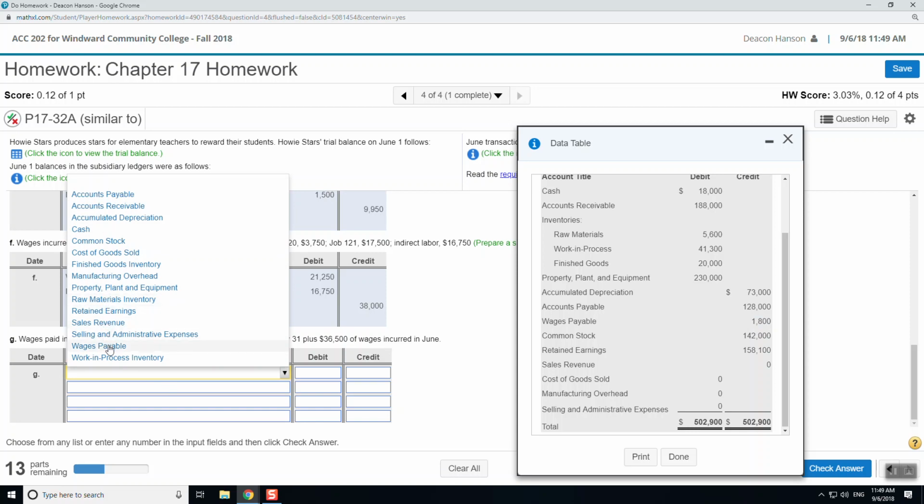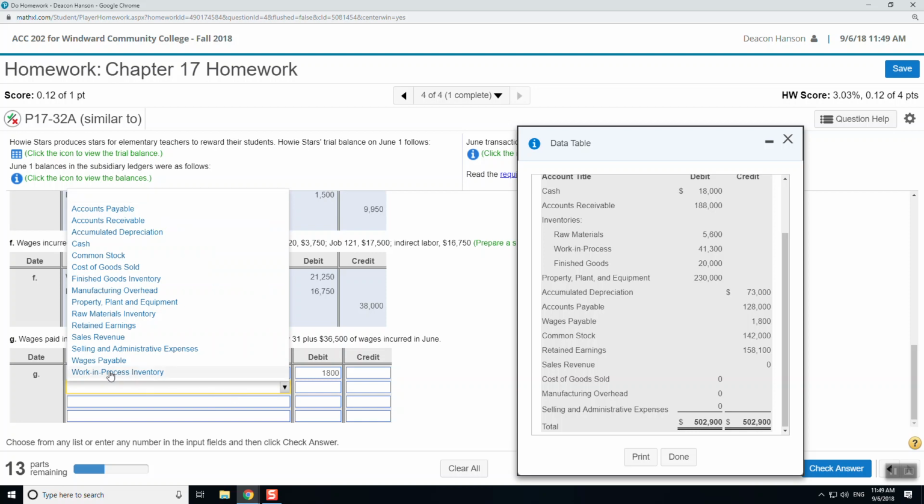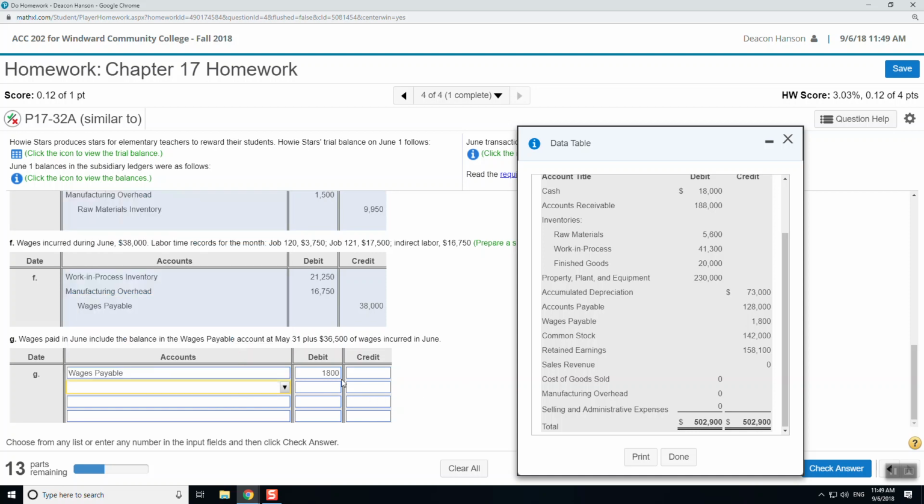There's wages payable, right? Okay. Wages payable, 1,800. Maybe it's all sitting in wages payable because I don't see any expense to book it to. So they're all sitting in wages payable. That's probably the way it is.